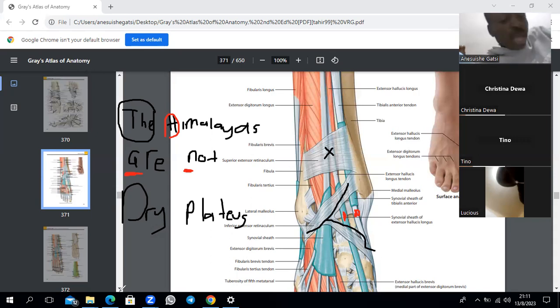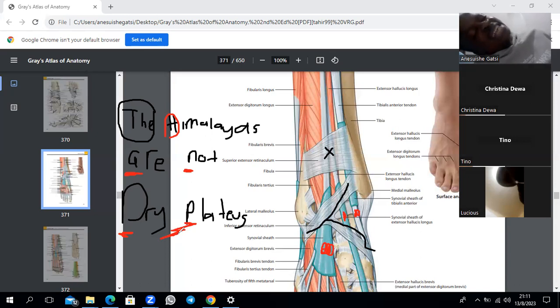Right. Then D, it's digitorum. So we have extensor digitorum here. Right. Plateaus, the P there. Remember, there was a muscle that starts with a P on the anterior leg, which was the peroneus tertius. Right. So that's arrangement of structures below the extensor retinaculum.